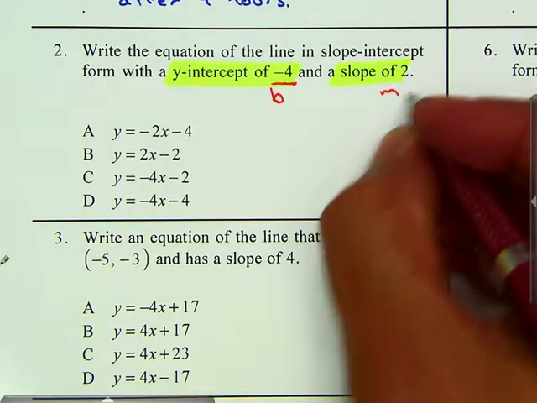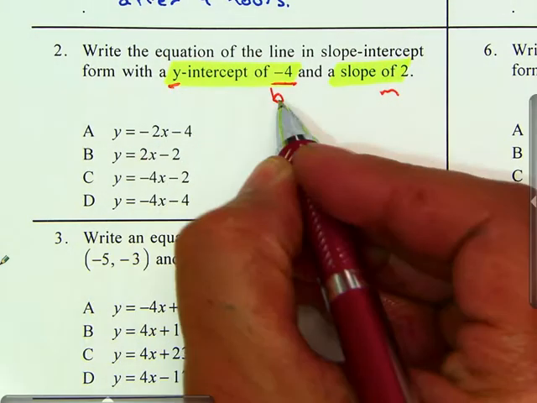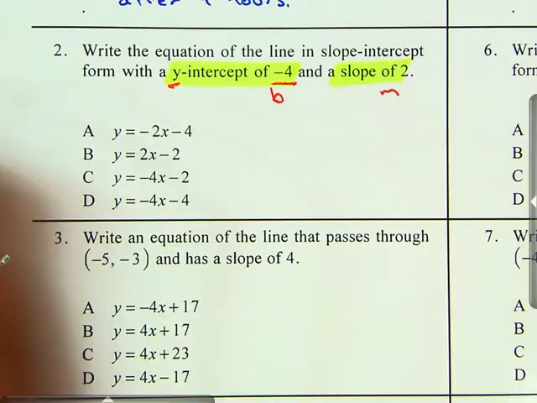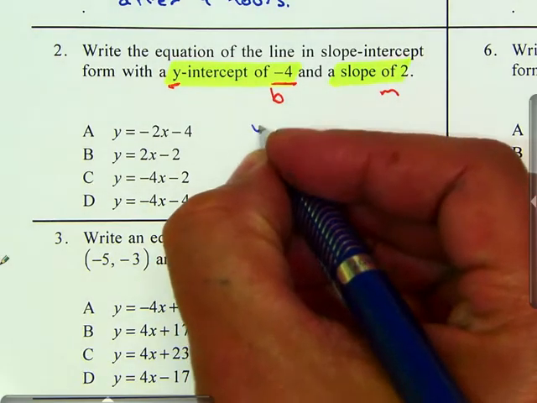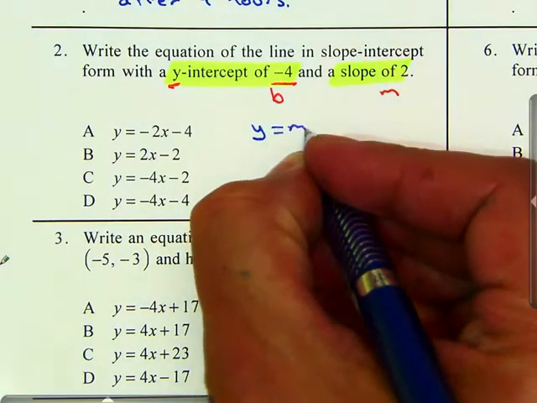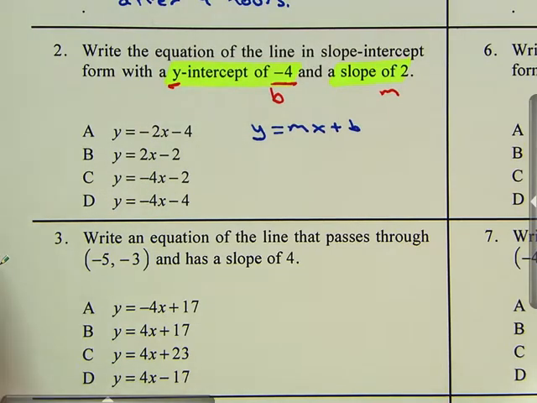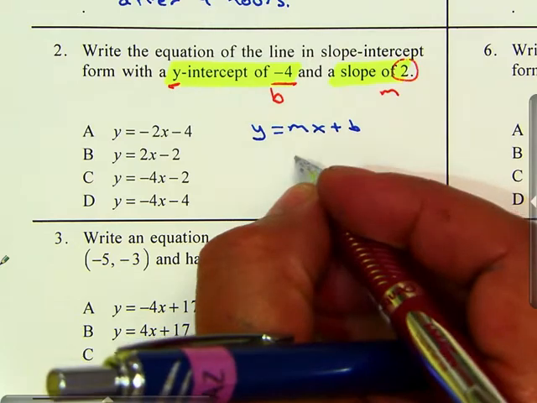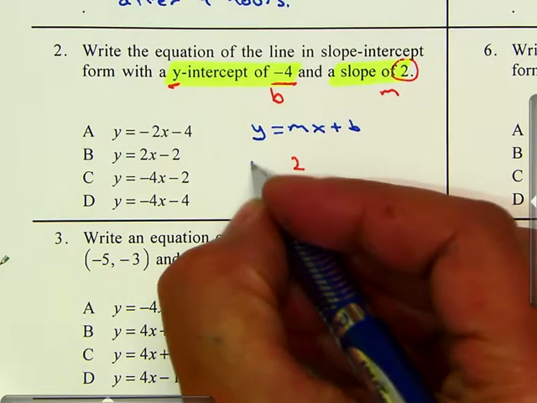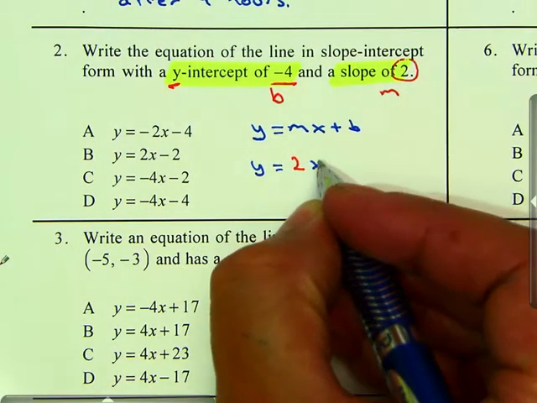So therefore, every time they give you the y-intercept, you're going to use the slope-intercept form, y equal to mx plus b. You just have to be careful when you plug in the information. M is your slope, which is 2, y equal to, and b is -4.